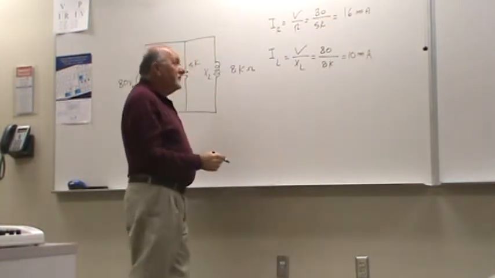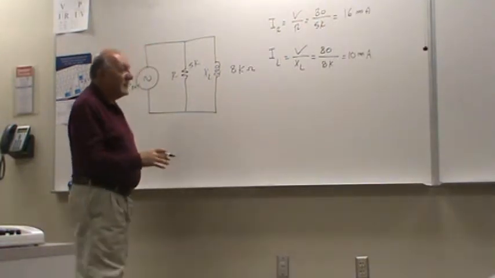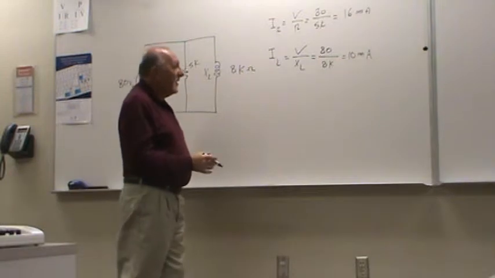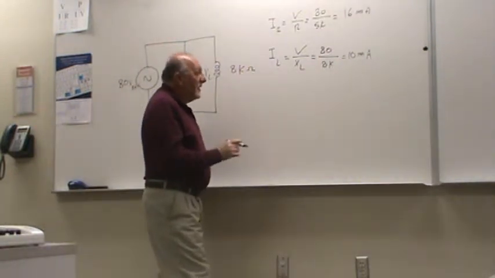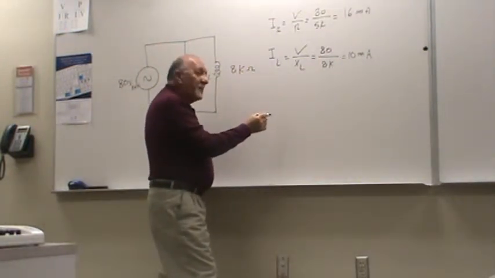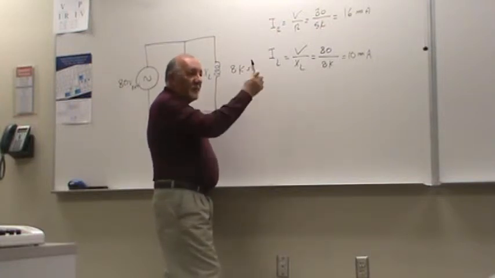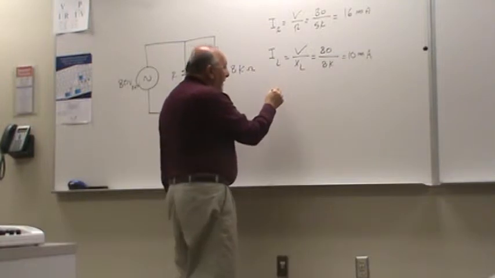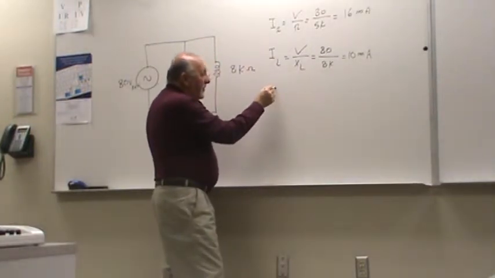Now is the time to look at the phasor before I go any further. If you remember, X sub L was going upward. When it comes to current, it's exactly opposite, so I sub L is actually going down.